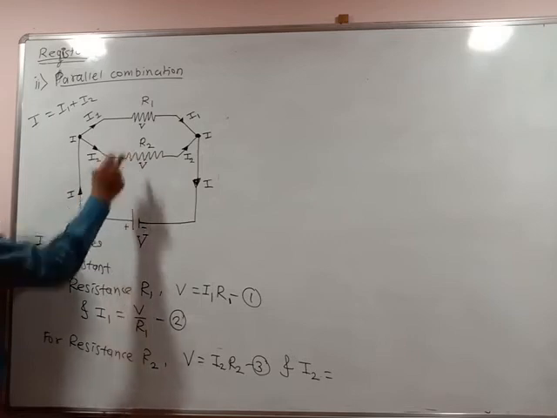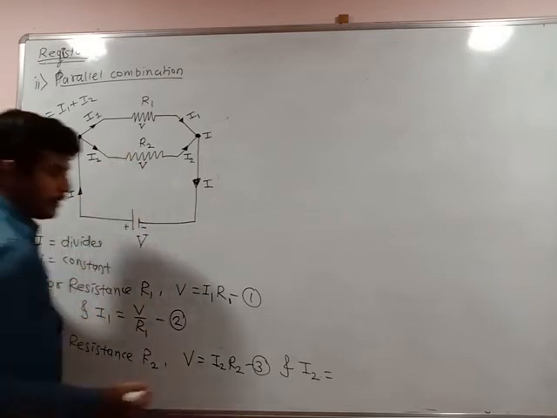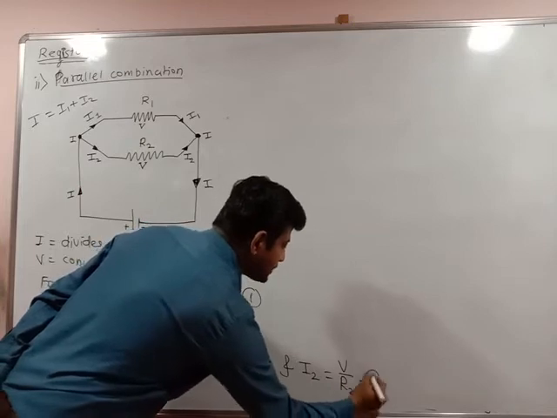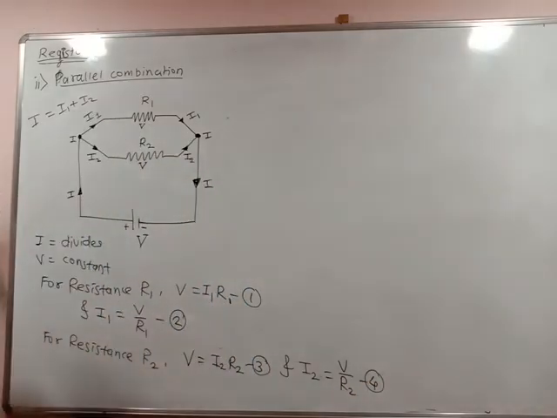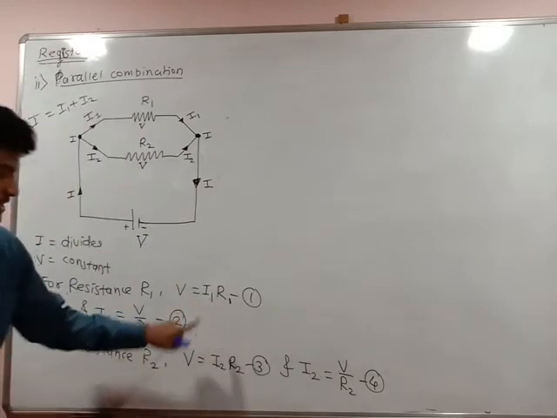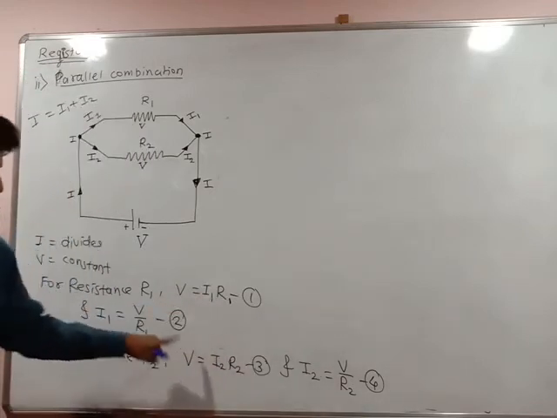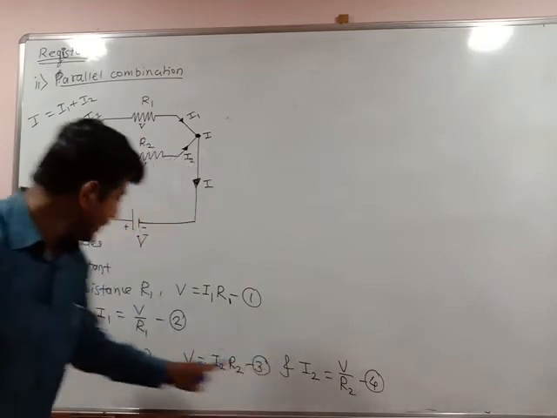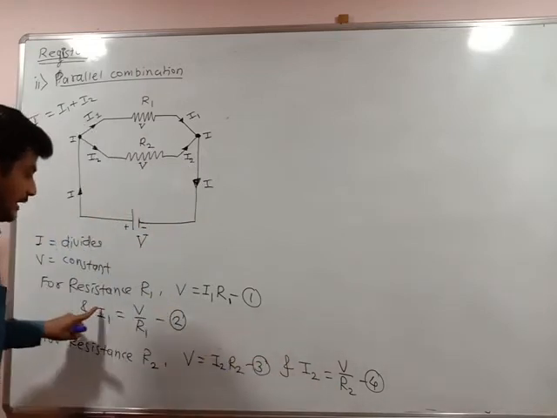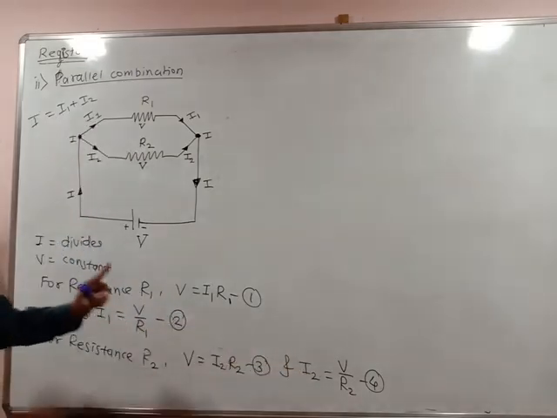I2 is equal to V upon R2, as per Ohm's law. This is equation 4. Okay. So equations 1 and 3 give the voltage drop across R1 and R2. Equations 2 and 4 give the current, how much current passed across resistors R1 and R2.